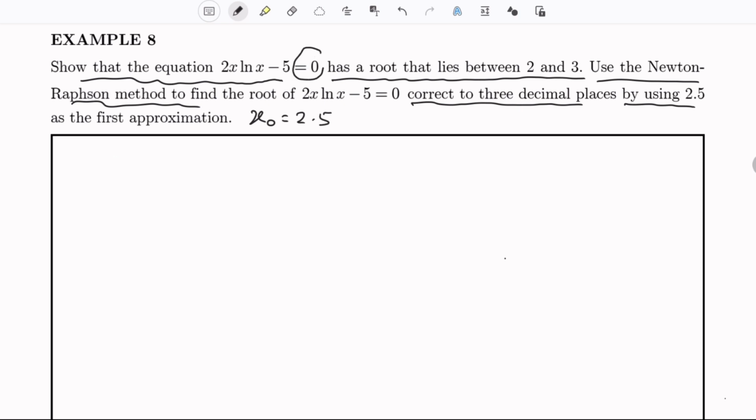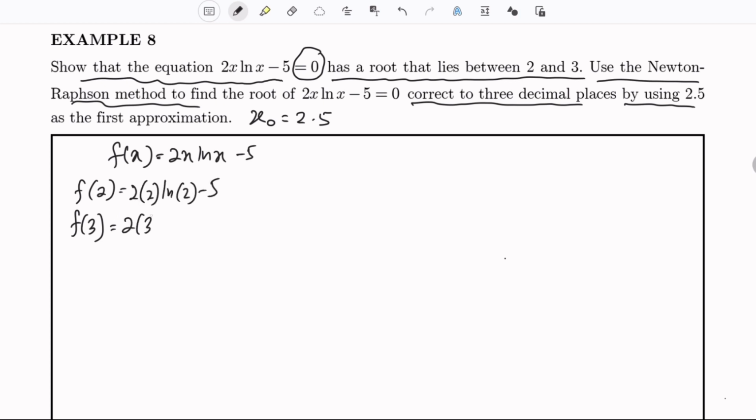Make sure it's equal to 0. So your f(x) is 2x ln x minus 5. So substitute f(2), f(3). So 2 ln 2 minus 5, 3 ln 3 minus 5.